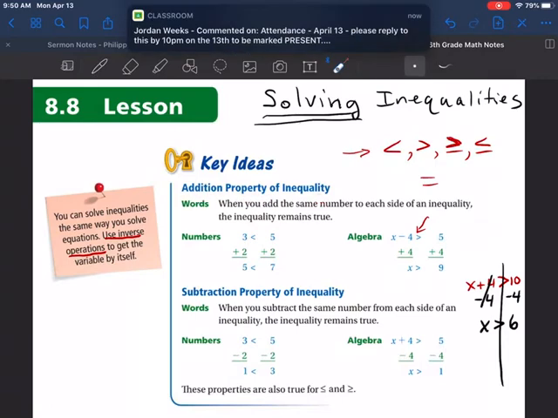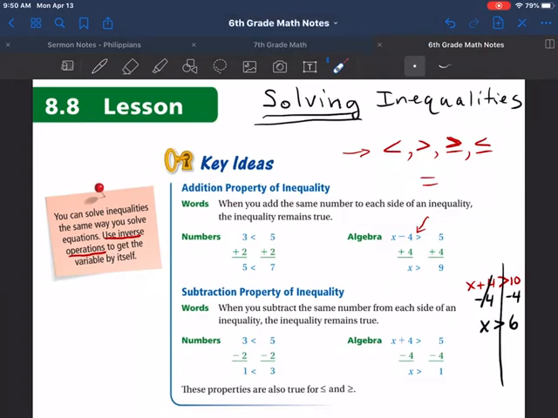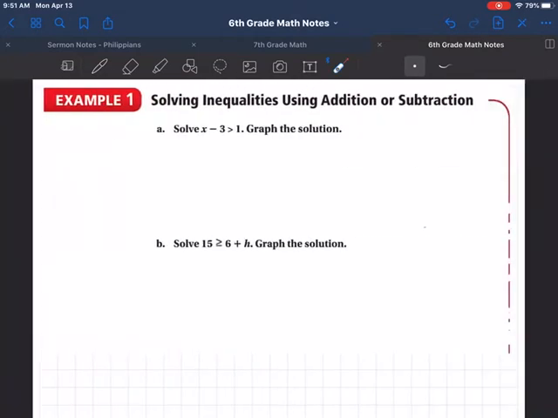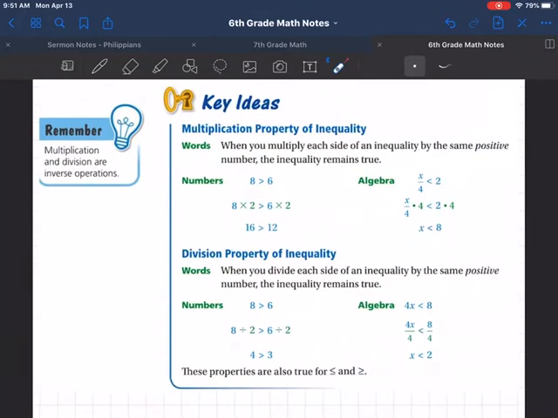These properties that they want us to learn, like the addition property of inequality, basically say that if you add the same thing to both sides, it maintains the same inequality, or it remains true. So if you subtract, these are just fancy terms that say if you do the same thing to both sides, it's fine.